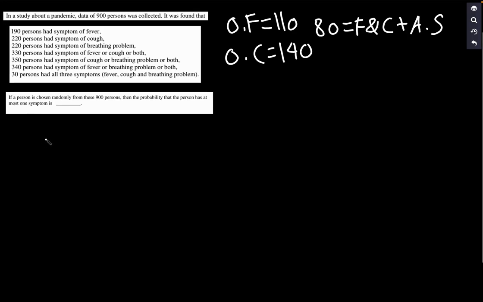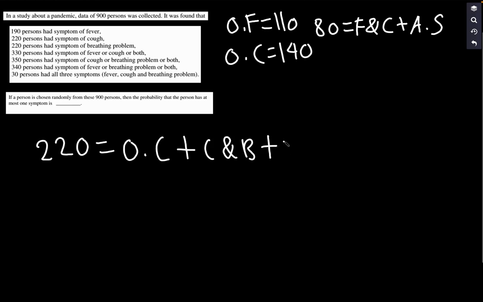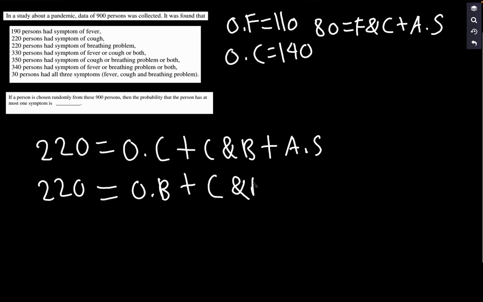For 220 persons who have the symptom of cough, it is the sum of people who have only cough plus cough and breathing plus people who have all symptoms. And for the second equation, 220 persons who have the symptom of breathing problem equals people who only had breathing problem, people who had both cough and breathing problem, plus all symptoms.